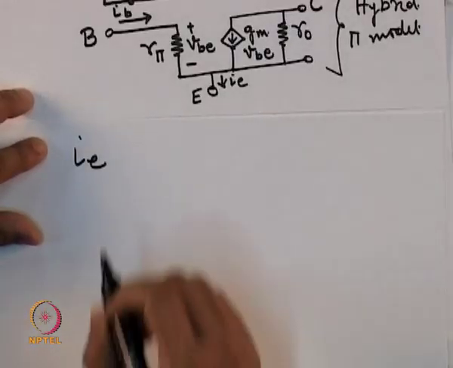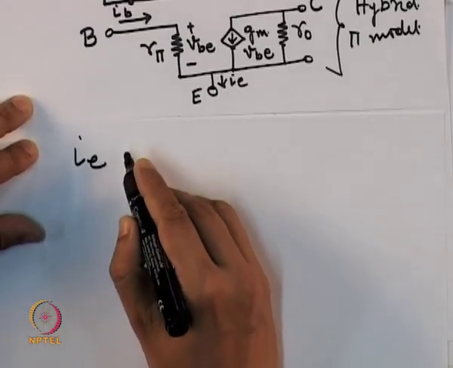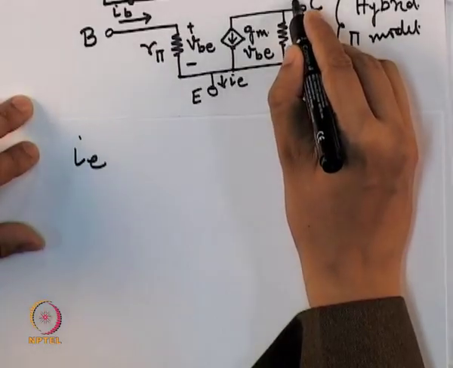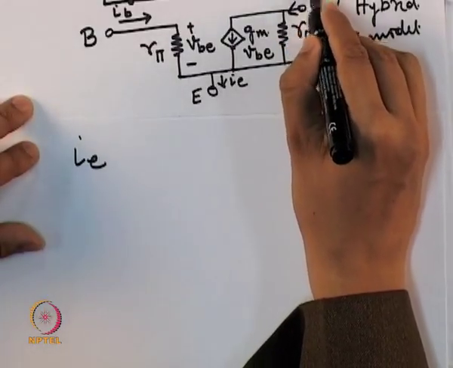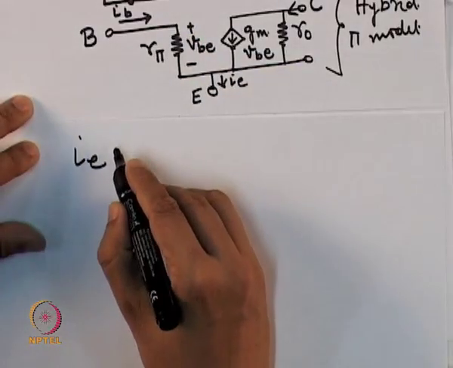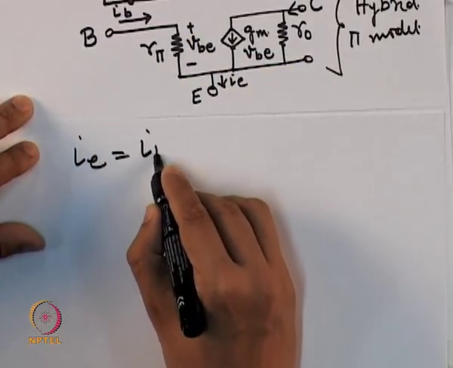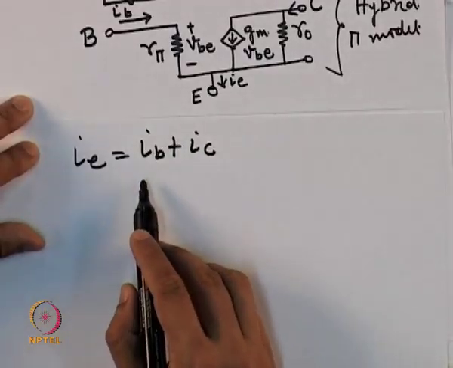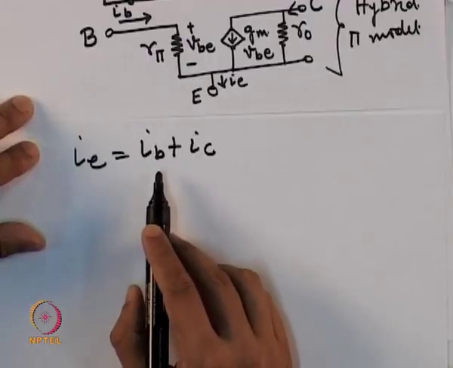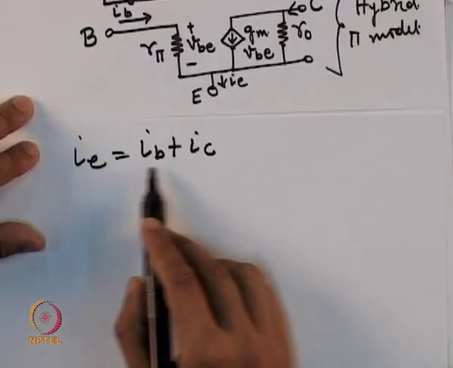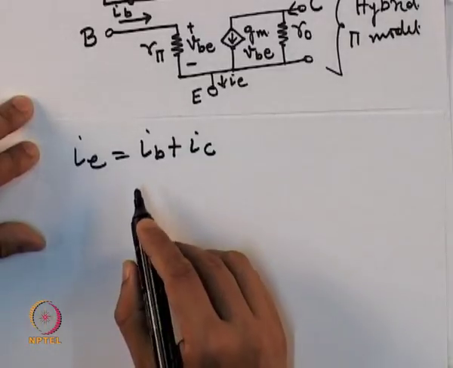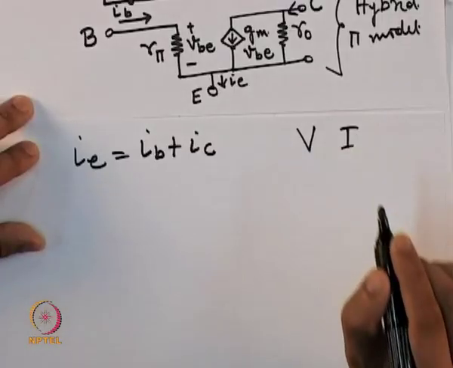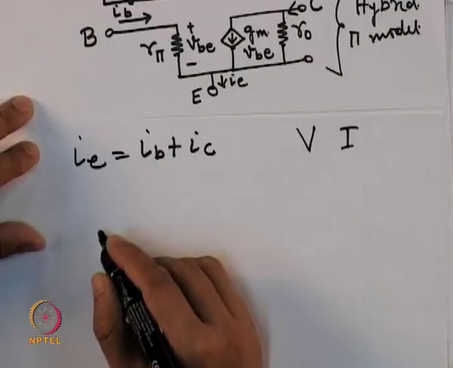So, I e, my emitter current, is equal to, as I can see, the collector current and the base current. So, this is equal to I b plus I c. Also note that I am using small letters. The small letters, that is small i or small v, represent the AC signal, whereas capital V or capital I represent DC signals.